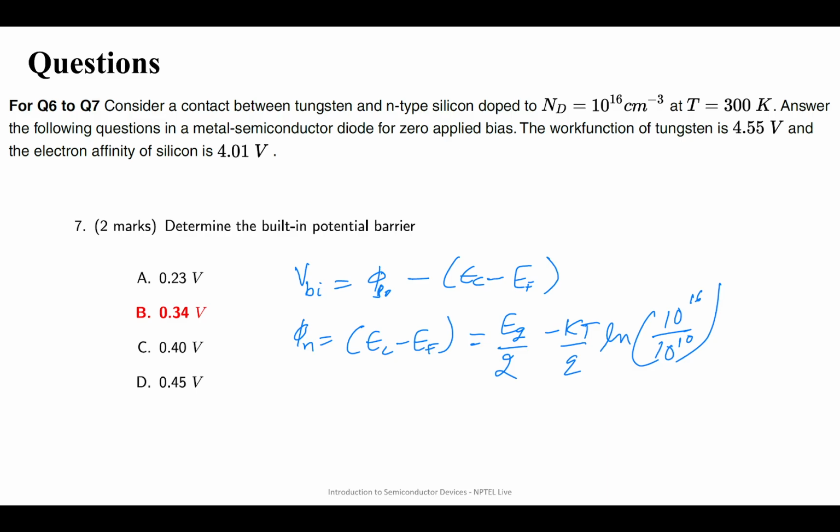The answer is 0.34 volts. So V_bi is phi_B0 minus (EC minus EF), and EC minus EF will be calculated by EG by 2 minus kT by q ln (10^16 by 10^10). So if you solve this, you will get V_bi equals 0.34 volts.